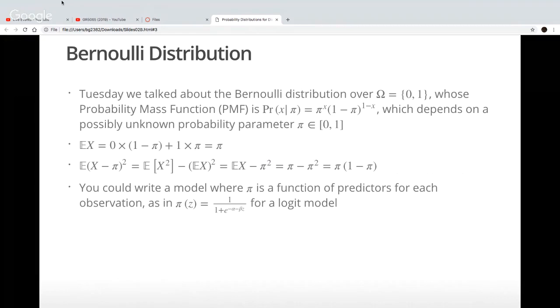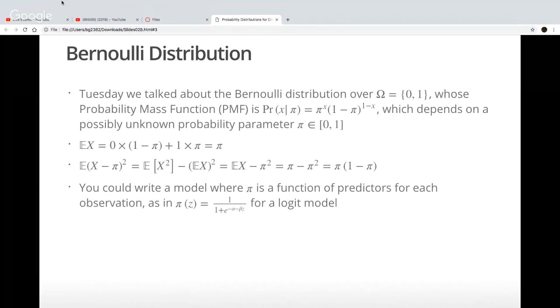and 1. So if we raise pi to the power 0, that's just going to be 1. So one of these two terms gets raised to the power 1. The other term gets raised to the power 0. And so probability of x given pi is either pi if x is 1, or it's 1 minus pi if x is 0, 1 minus pi being the probability of failure, where 0 represents failure, 1 represents success.